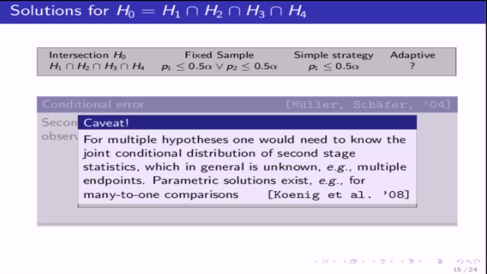For example, we have published an adaptive version of the Dunnett test in 2008. However, if you test more than one endpoint, you usually don't know the correlation structure between the endpoints. And then you cannot apply the conditional error rate directly.